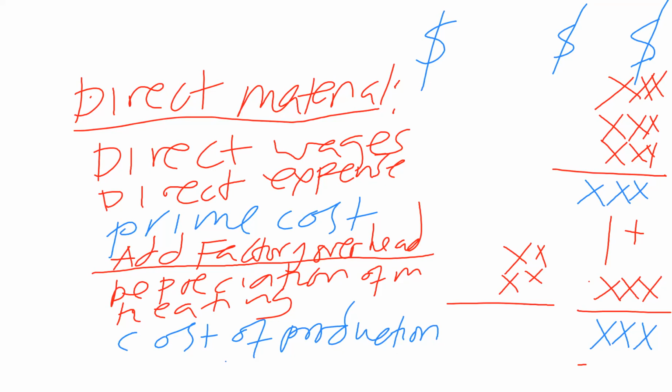Now, most of the times, in serious accounting, you find that you have got work in progress. So you will not end here. If you have the opening work in progress and the closing work in progress, you have to adjust this cost of production for the opening and the closing work in progress.